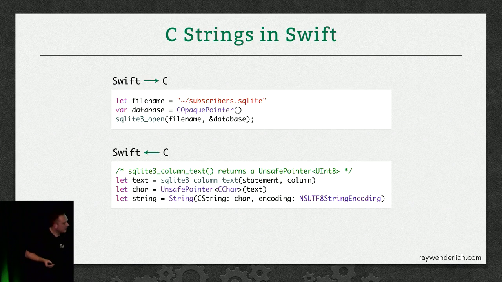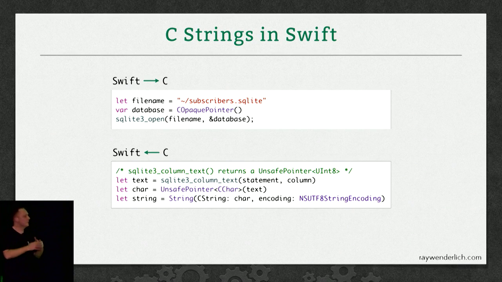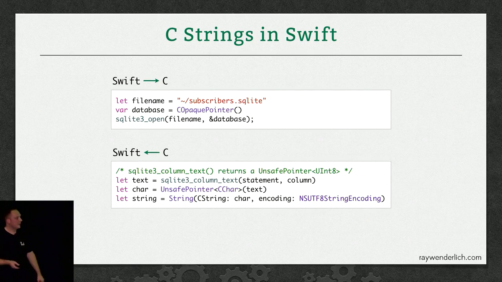So this call to sqlite3_column_text actually returns UInt8, but because sometimes things come through as Int8 and sometimes as UInt8, we then have to convert it into a CChar, which is Swift's internal type for chars, and then we can pass that into the Swift String initializer that takes a C string, and then give it the encoding type.